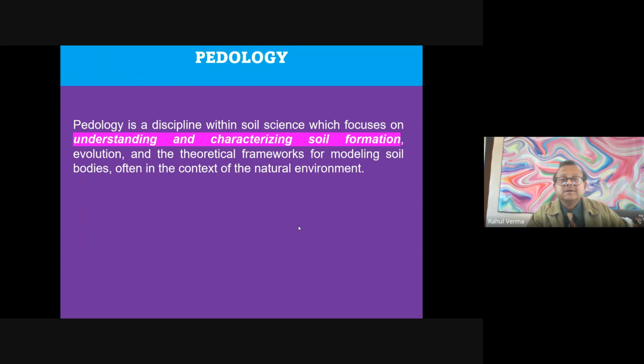And pedology, when we focus on the understanding and characteristics of soil formation.